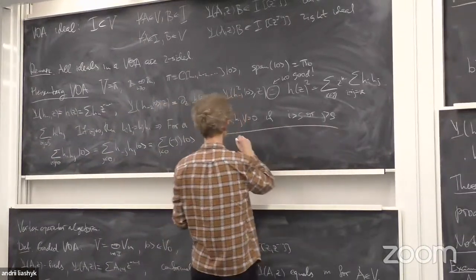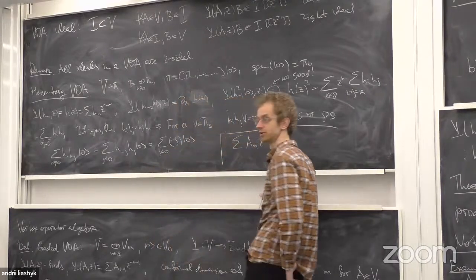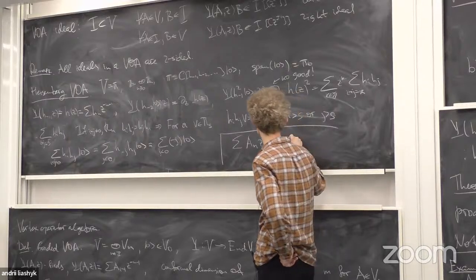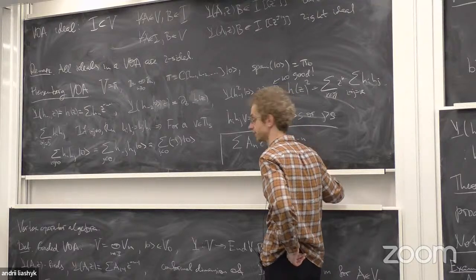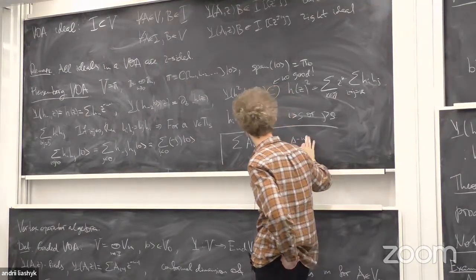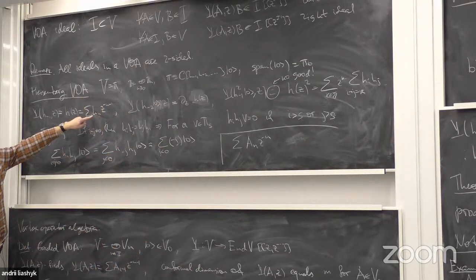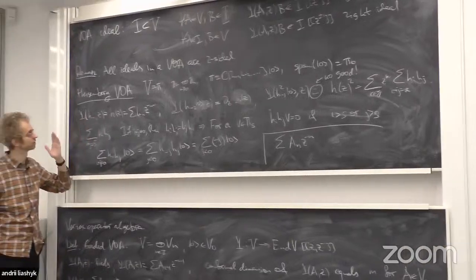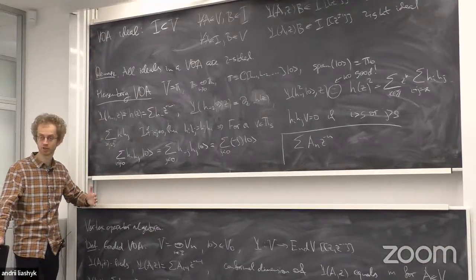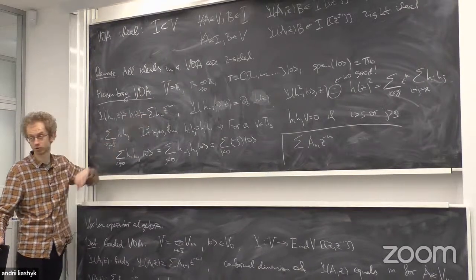So we said that if we write the sum A_n Z to the minus n, then the conformal dimension is something like delta minus n. But then we've seen that the conformal dimension of this field, written in such a way, is exactly 1. And so this is the reason. So if you want the conformal dimension to coincide with the component where the vector sits, then we are forced to write it in such a way.